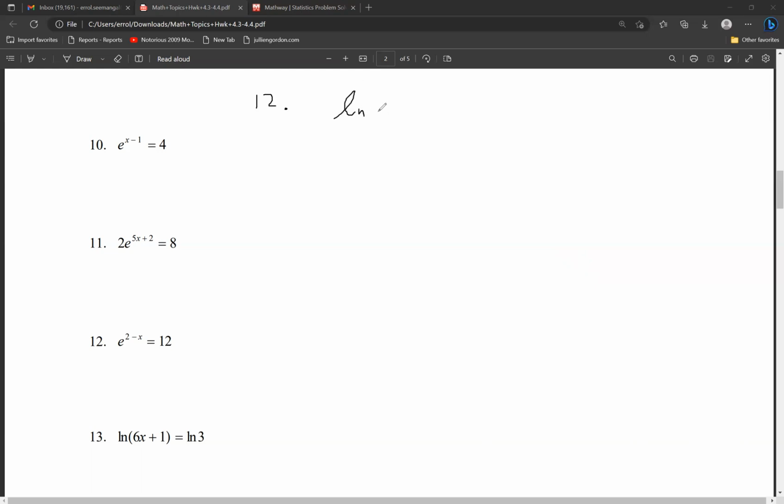Ln e to the 2 minus x equals ln 12. Bring down your exponent to the front. 2 minus x times ln e equals ln 12. Divide both sides by ln e. 2 minus x equals ln 12 divided by ln e.